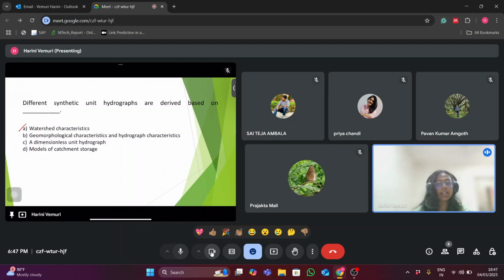We also know that in Snyder's method, it depends on the length of the mainstream. So we can say it depends on geomorphological characteristics as well. And a synthetic unit hydrograph can also be developed by dimensionless unit hydrograph. This we have also seen, the SCS dimensionless unit hydrograph, so that is also correct. And models of catchment storage: we know that Cp is a function of storage term. That's why we say all the four options are correct.